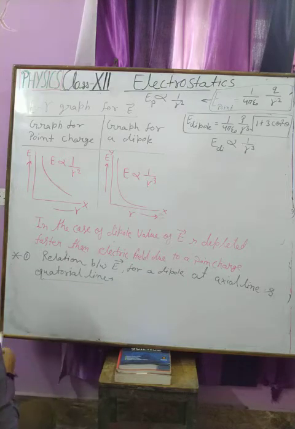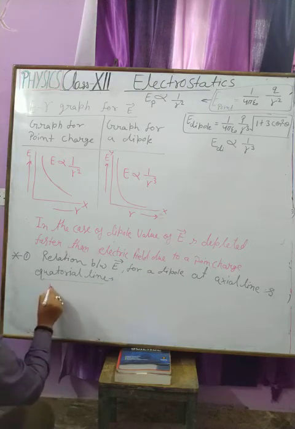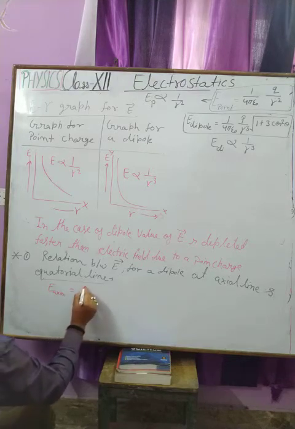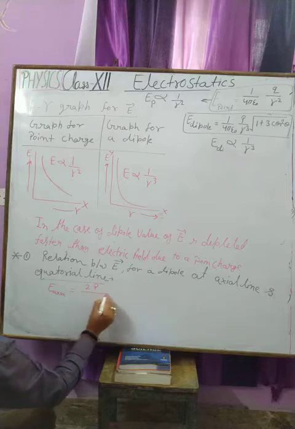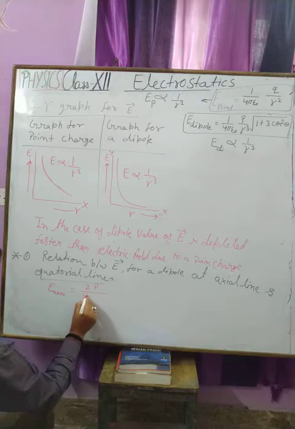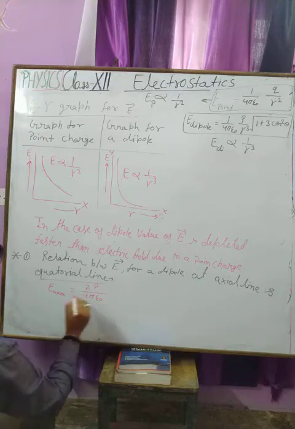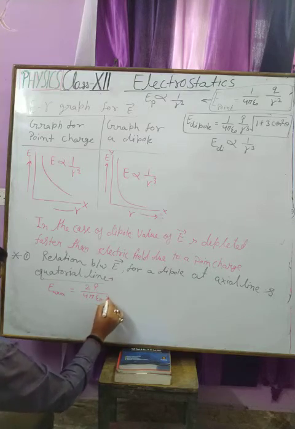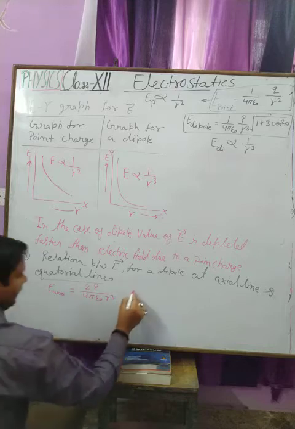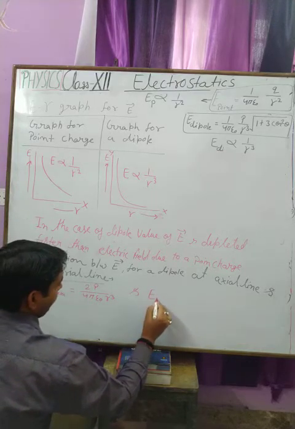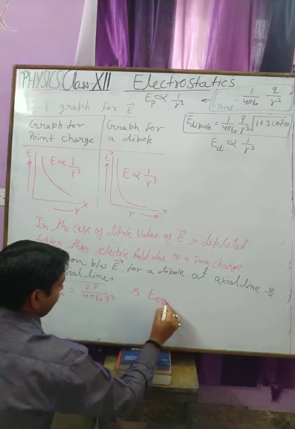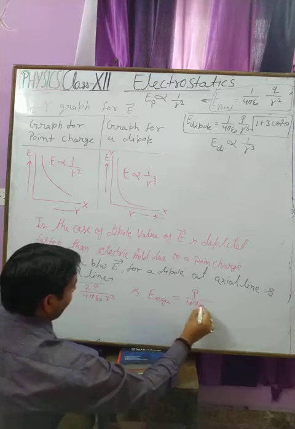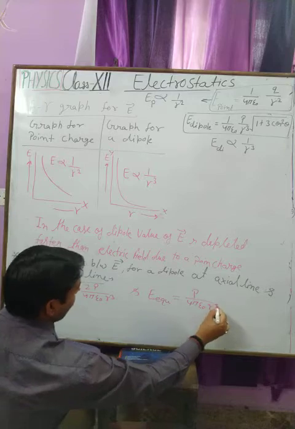We know that the value of axial is 2p upon 4 pi epsilon naught r cube, and the value of equatorial is p upon 4 pi epsilon naught r cube.